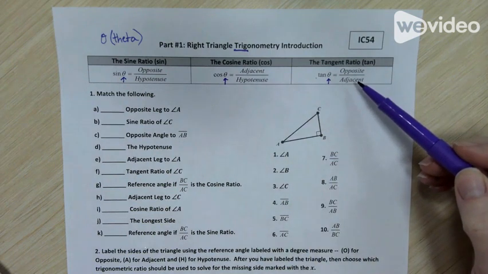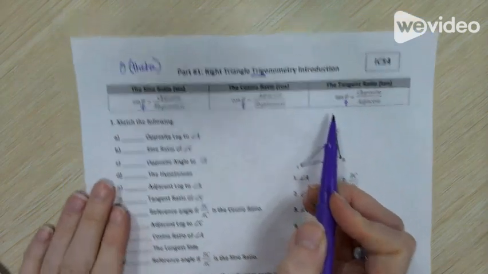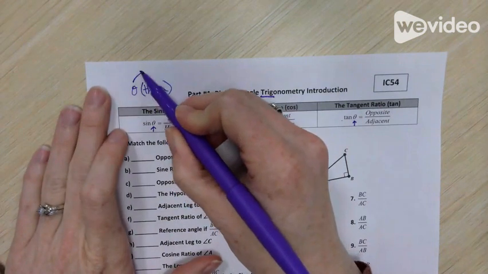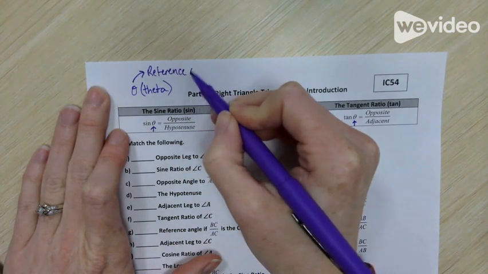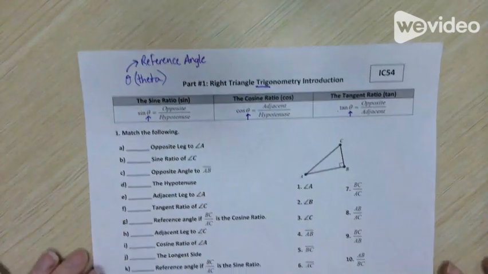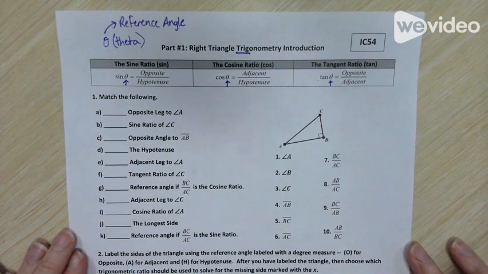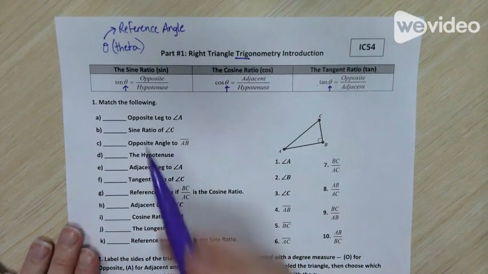And so what's happening is this theta that we're talking about is actually what we call the reference angle. That's the angle that we use when we're trying to make decisions about which part of a triangle is the opposite, which part of the triangle is the adjacent. We don't use the reference angle when we're making a decision on the hypotenuse.